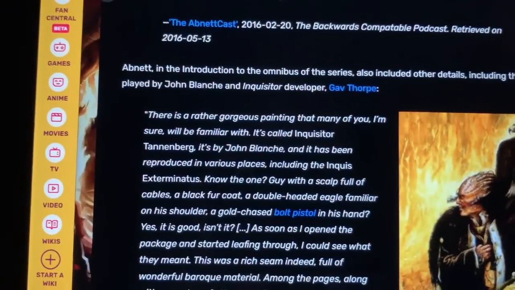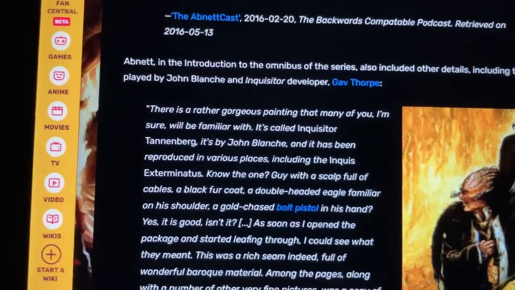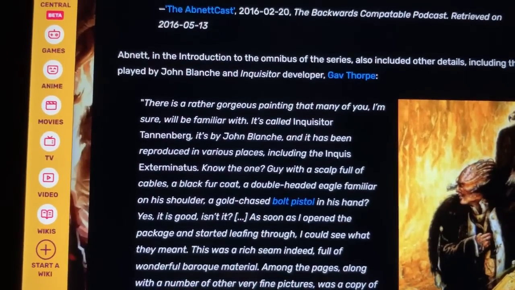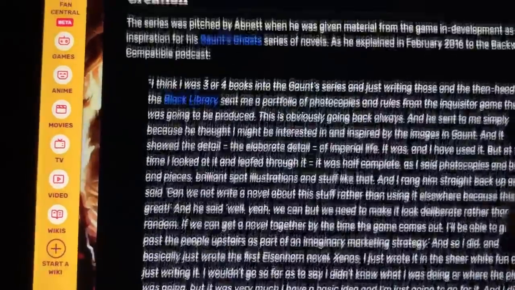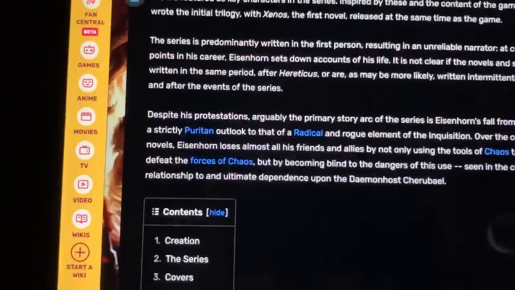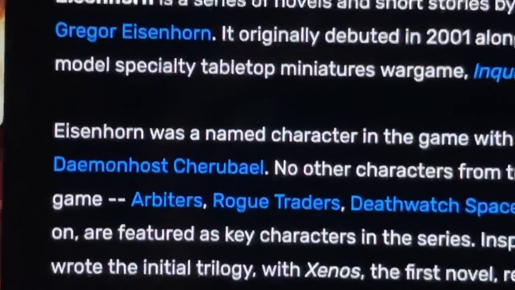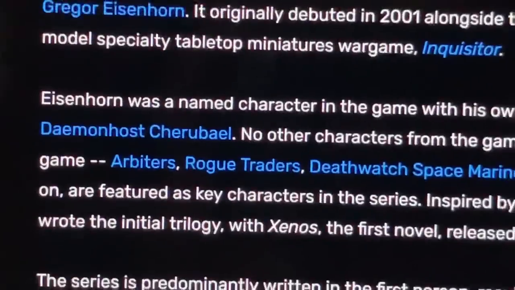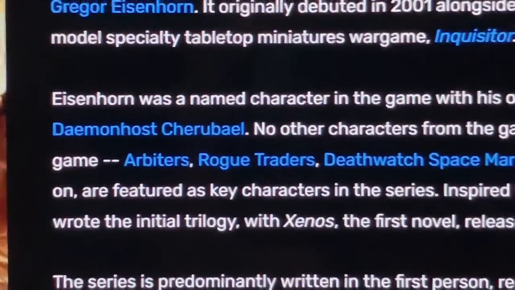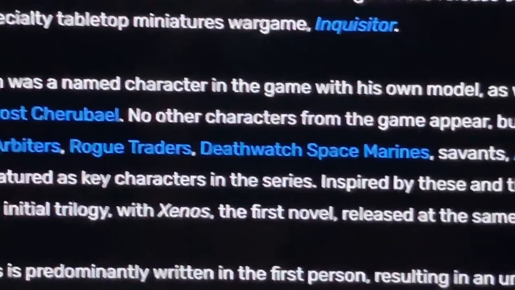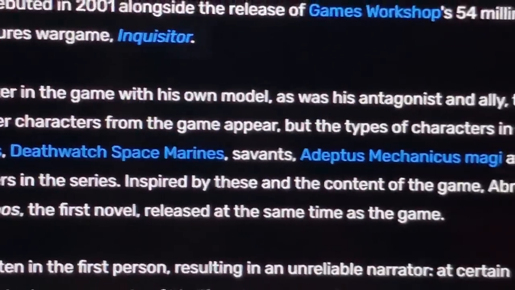It's a good read if you can stand the mere fact that they use the name Eisenhower. I think the name is Greg Eisenhower. They called it the Eisenhorn, all unique, because you know Eisenhower and the aliens, but they had a character they named Eisenhorn. A character in the game. It was a game model, and it was an antagonist.